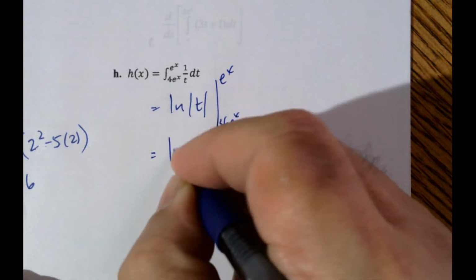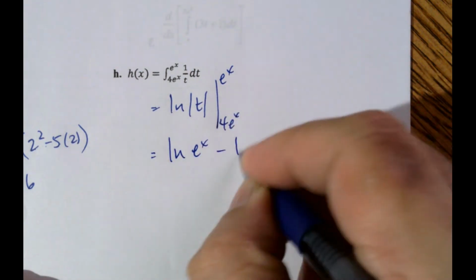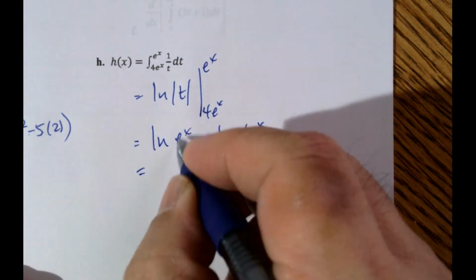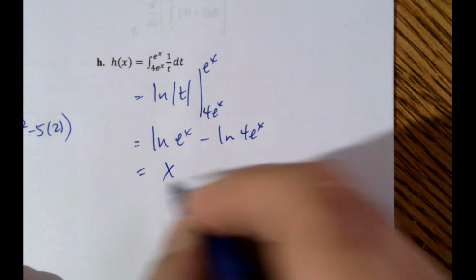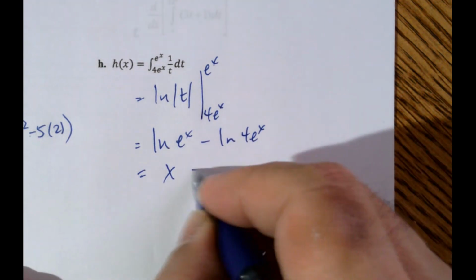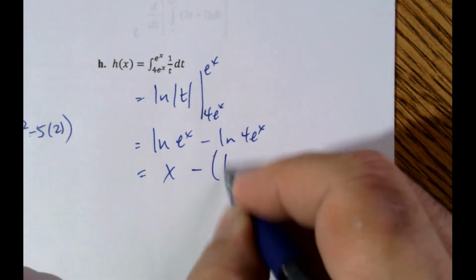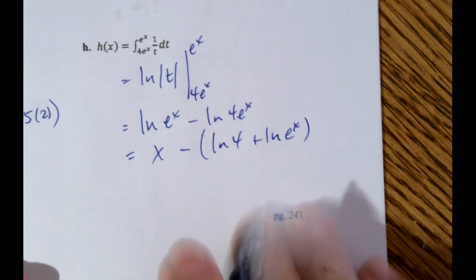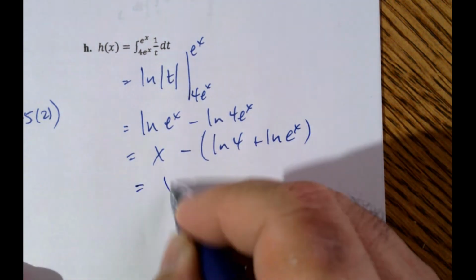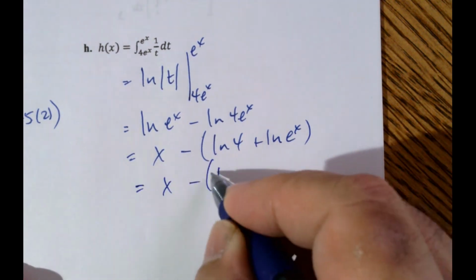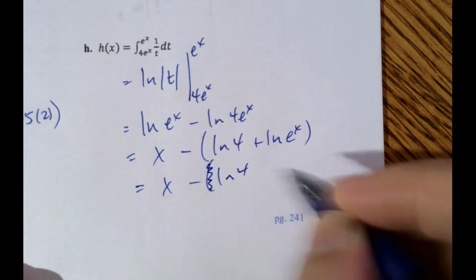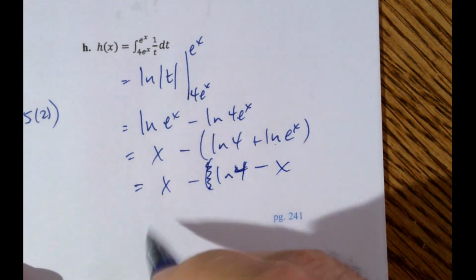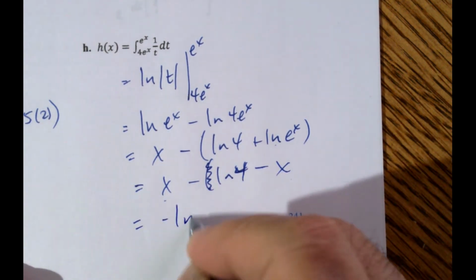So that's natural log of 4e to the x minus natural log of e to the x. Natural log and e cancel. I'm going to rewrite natural log of 4e to the x as natural log of 4 plus natural log of e to the x, a property of logarithms. Then natural log of e to the x is x, so the x minus x cancel, giving you just natural log of 4.